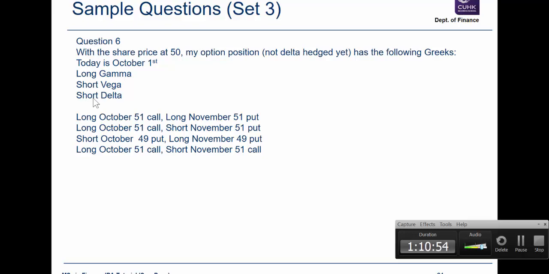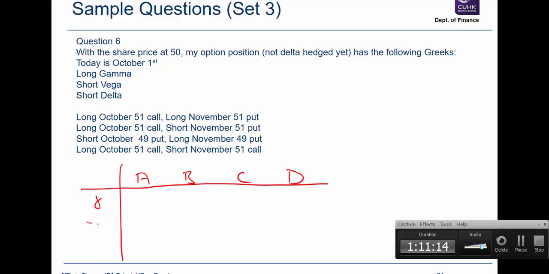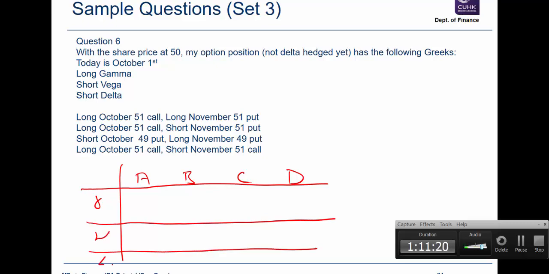Now, you can look at it like this. So A, B, C, and D. They are the four choices. So I'm going to look at the gamma and Vega and delta positions for all of them.